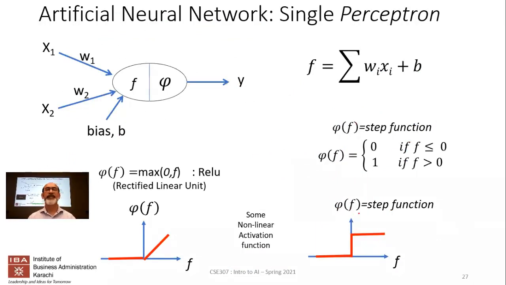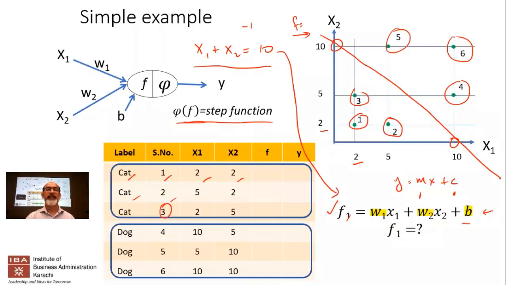very simple step function. For things which are less than 0, it is going to give an output of 0. For things which are greater than 1, it is going to give an output of 1. Okay. So it's going through a step function, and we want y to be 0 if we want the output to tell us it's a cat, and we want y to be 1 when the output has to be a dog.